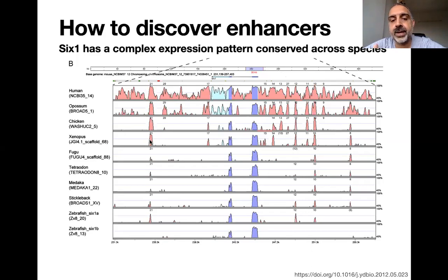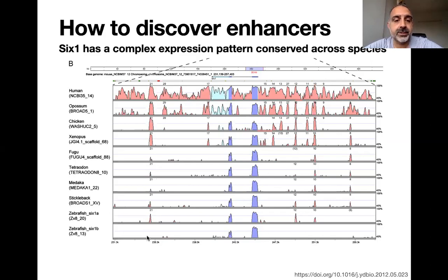So they're kind of presupposing that there may be no conservation, even though there turns out to be quite significant conservation in the upstream and downstream sequences of OTX2. But here, Sato knew that 6.1 expression was highly conserved, and so he took this comparative genomics approach.